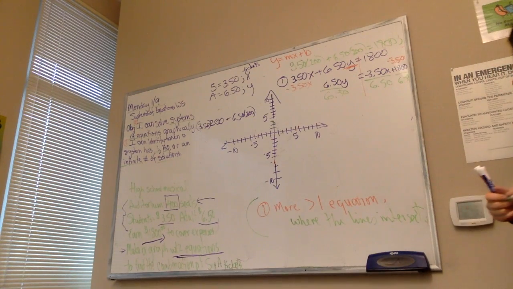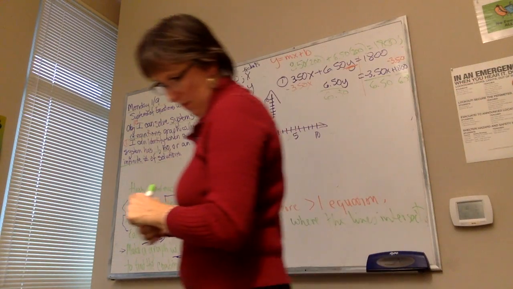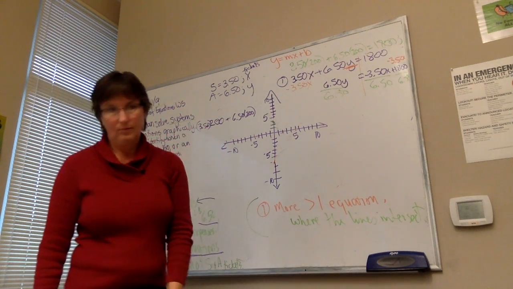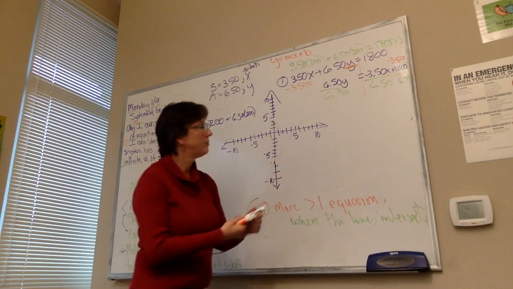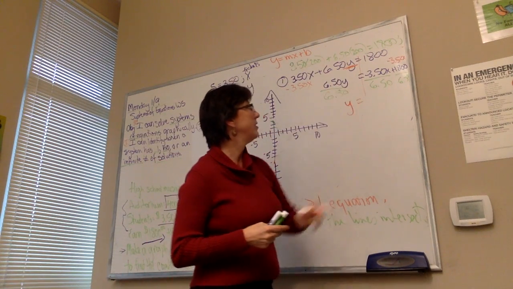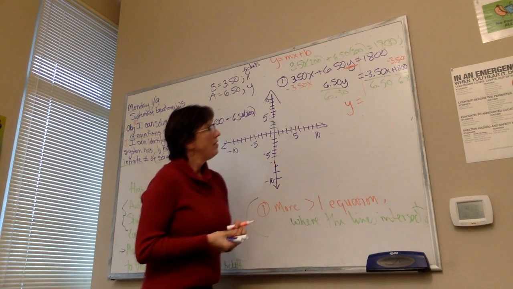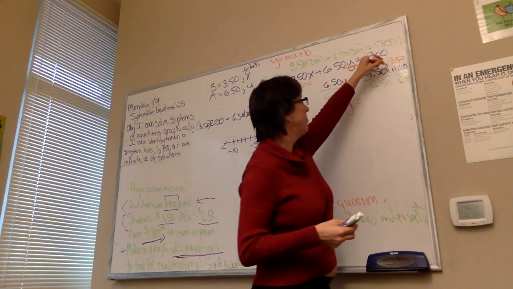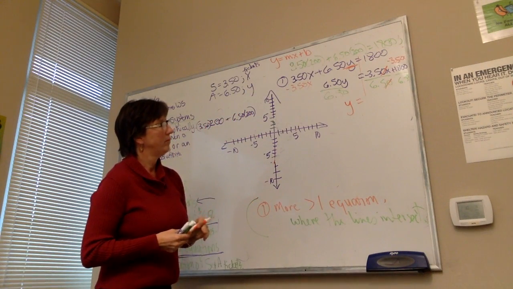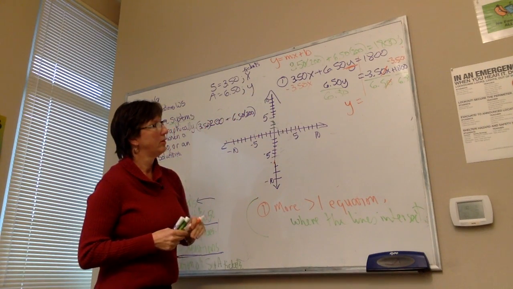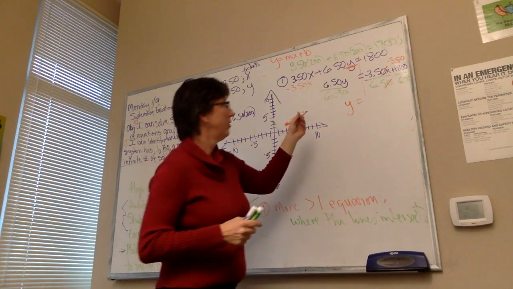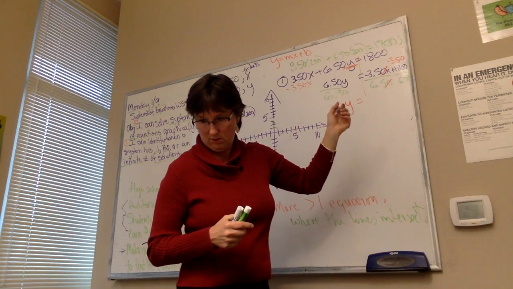Alrighty. So, I need you guys to help me with the math. Negative 350x divided by 650 is negative 0.53846153846.